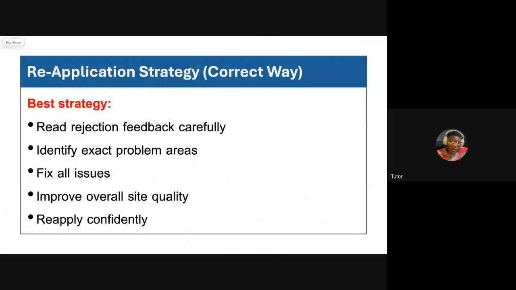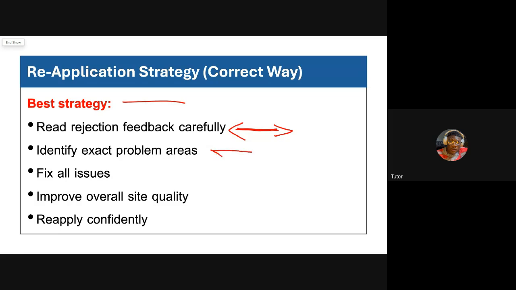Now, reapplication strategy, the correct way you should reapply. The strategic way you should reapply to get approval. Best strategy to reapply: read rejection feedback carefully. Understand the rejection feedback carefully so that you know how to fix your site.